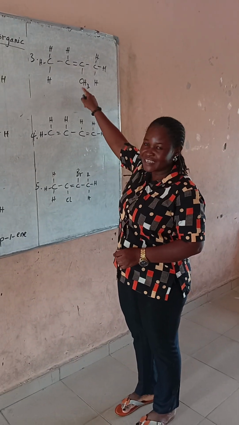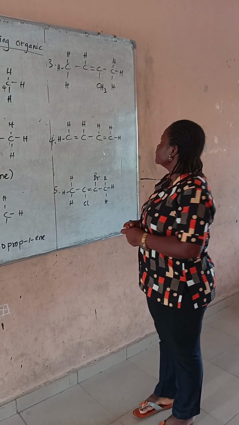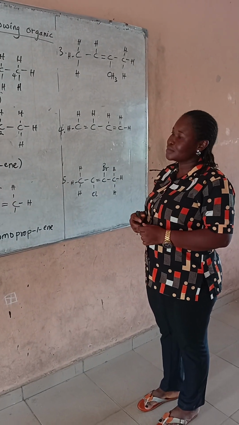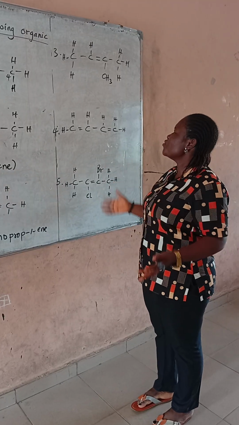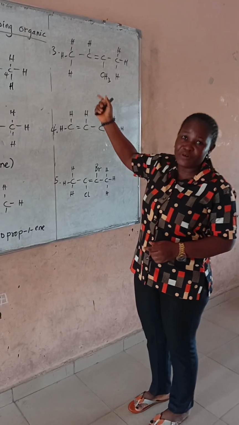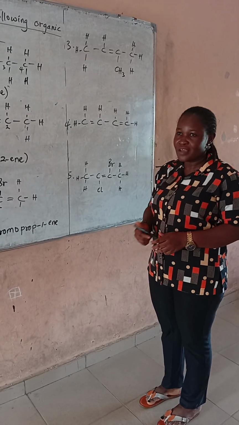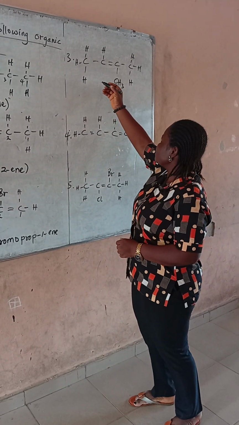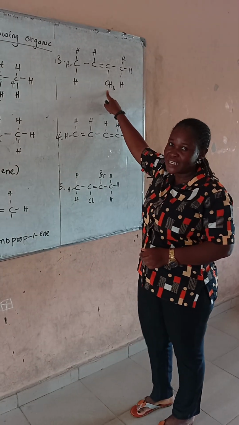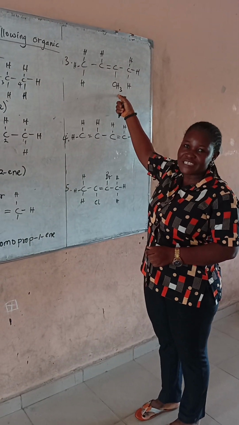Now we have an organic substituent this time around. So where are we numbering from? Anywhere we number from, we still give this double bond number 2. If you still understand our concept of numbering, okay? So since we have a substituent, I'm going to start from the right hand side.